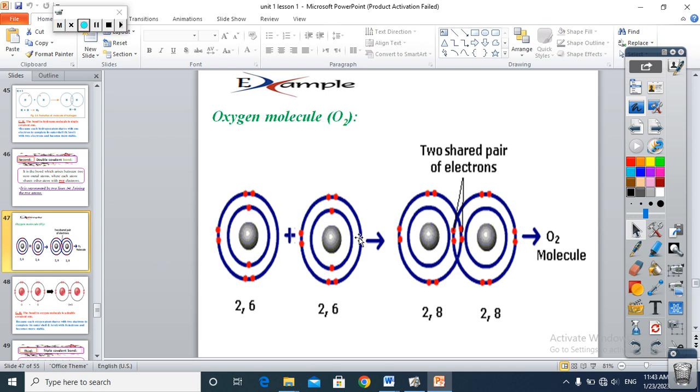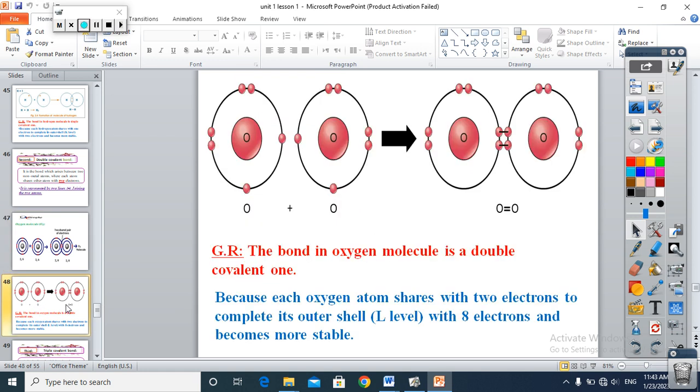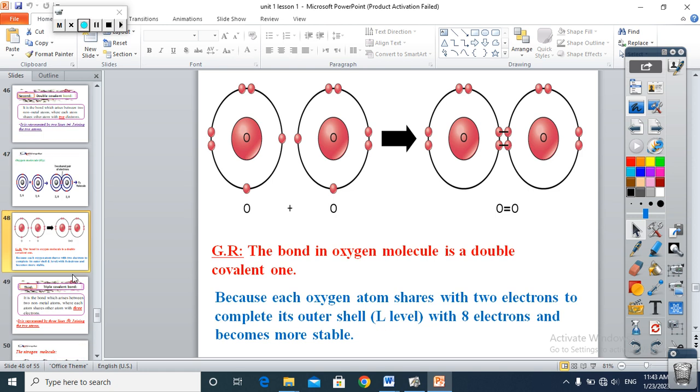Oxygen and oxygen combine with each other by double covalent bond because each atom shares two electrons with the other atom. Give reason the bond in oxygen is a double covalent bond. Because each oxygen atom shares two electrons to complete its outer shell with 8 electrons and it becomes more stable.